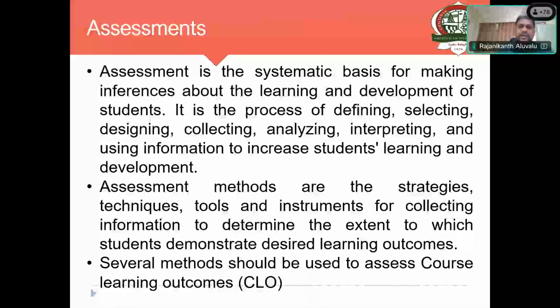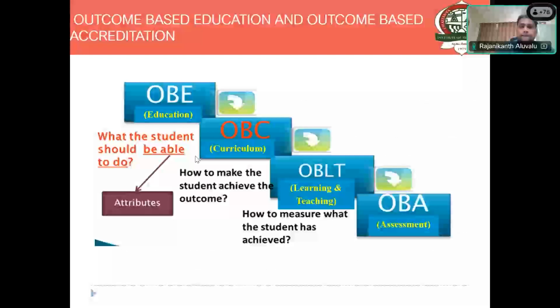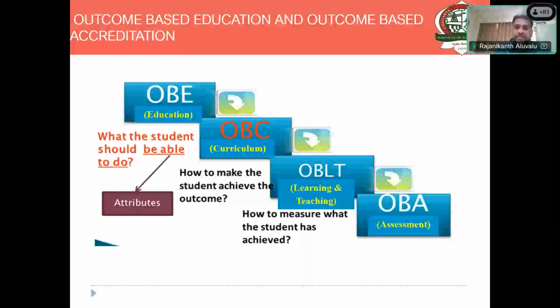So just to recap, here we need to understand outcome based education and outcome based accreditation. When we are talking about the OBE perspective, as professional engineering institutions eagerly look for accreditation, and the accreditation is an OBE accreditation, I am going to talk about outcome based education and how it is going to help us in getting outcome based accreditation.